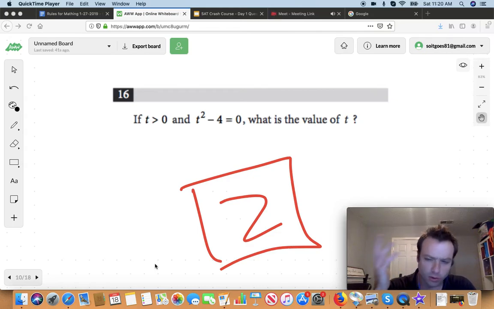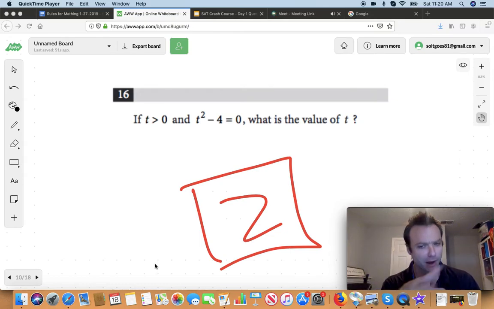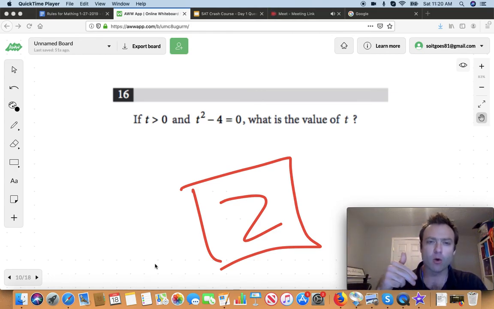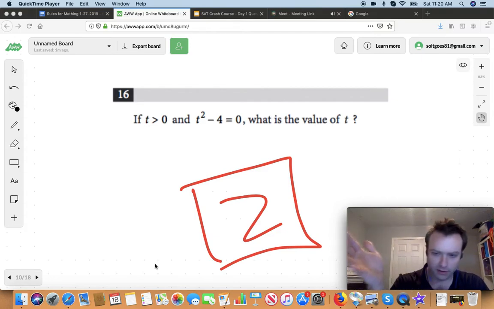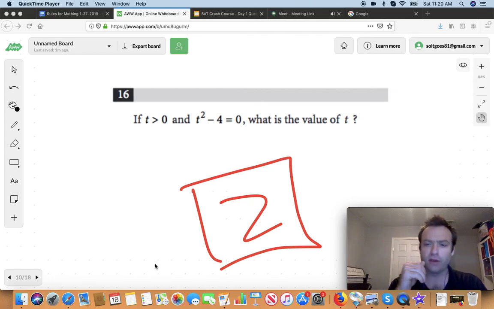Whenever x or t, whatever variable you're solving for, is raised to a power greater than 1, whether the power of 2, 3, 4, or 5, the correct answer, if they're just asking you to isolate and solve for this variable, is always a single-digit integer between 0 and 5. Always.